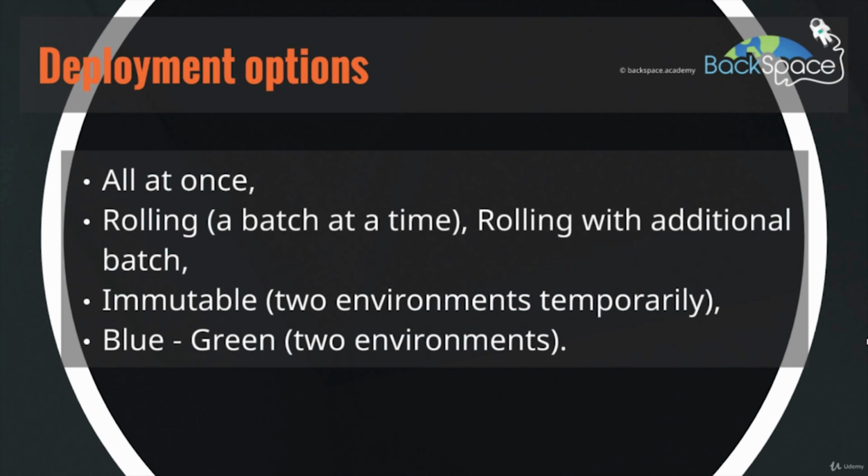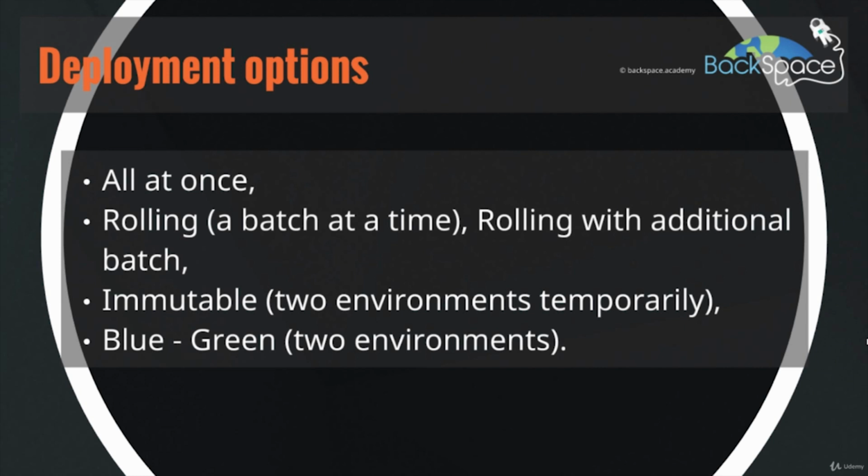So another option there is to do a rolling deployment, and that will deploy your application to a single batch at a time. So what that means is that if you've got 20 EC2 instances, it can deploy that to, say, 2 at a time. So you're not going to be down by much. You're just going to be down from 20 instances down to 18 instances, but your architecture will still be responding to requests.